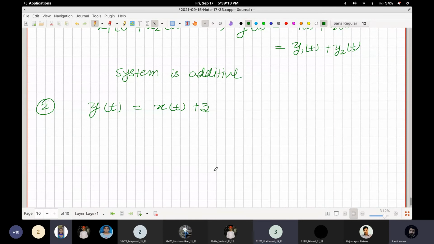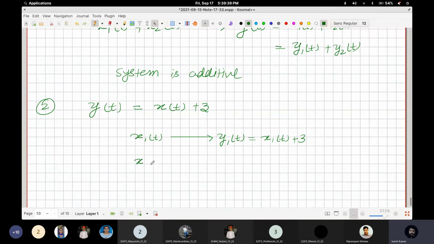Not additive. Why? Let me again try this problem in the same manner. x1(t). When you put x1(t) as input, let's assume that the output is y1(t). Then what will y1(t) be? Your input plus 3, isn't it? So it is x1(t) plus 3.